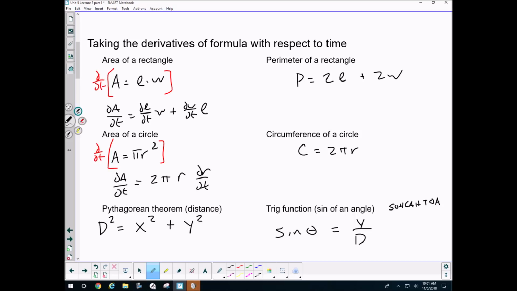And just so you're comfortable and so you're ready to do this, go ahead and take the derivative of the circumference of a circle. You should get just dC/dt equals 2 pi dr/dt. Now take the derivative of the Pythagorean theorem.